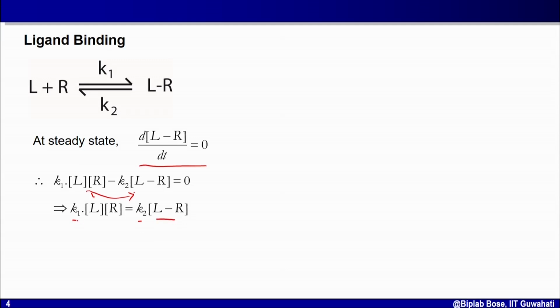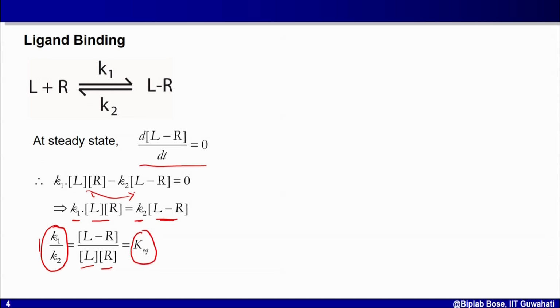Now take the constant terms on one side and the variable terms on the other side. So I get K1 by K2 is equal to [LR] divided by the concentration of free ligand and the concentration of free receptor. This ratio of K1 and K2 is called the equilibrium constant in the biological literature.